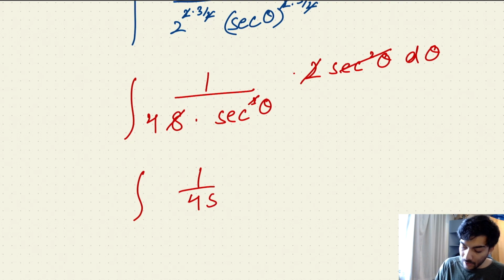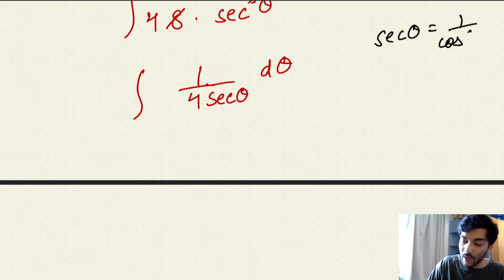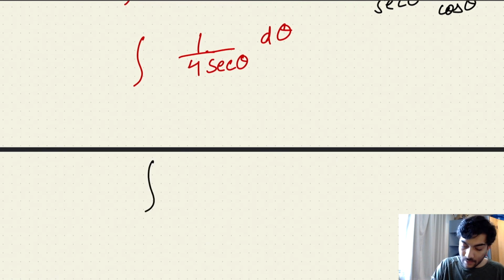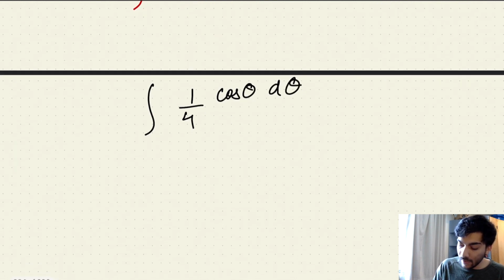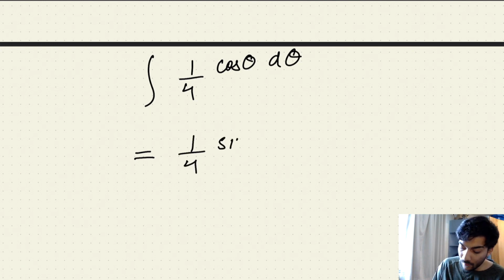So this would be the integral of 1 by 4 secant theta d theta, and we know that secant theta is 1 over cos theta, so 1 over secant theta would be cos theta. So the integral is just 1 by 4 cos theta d theta, right? And we know the integral of cos theta is sin theta. So the final answer in terms of theta would be 1 by 4 sin theta plus c.